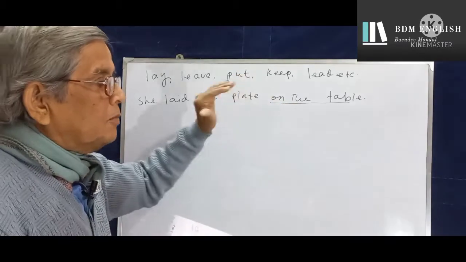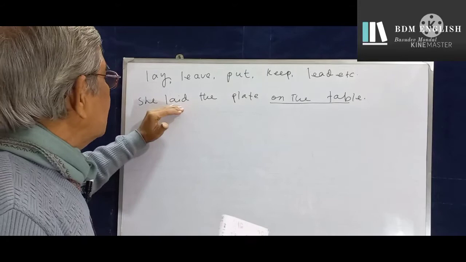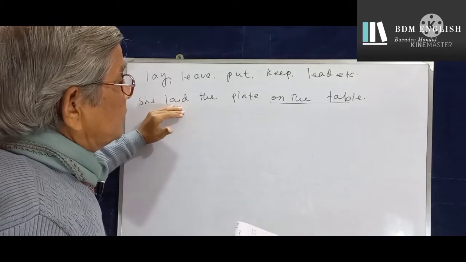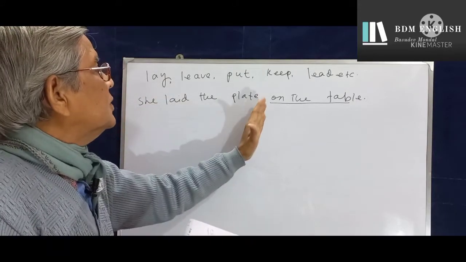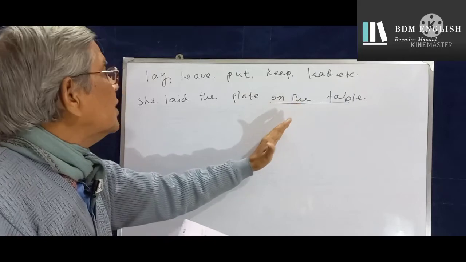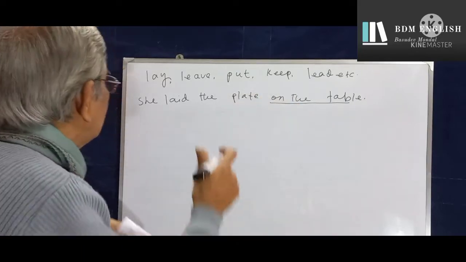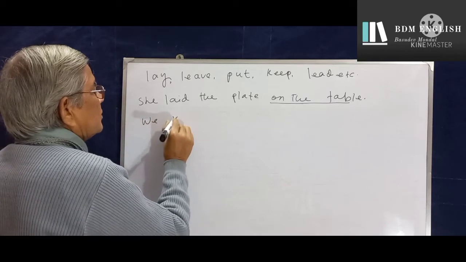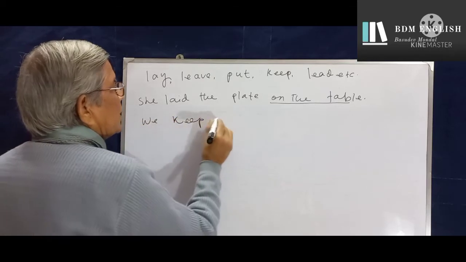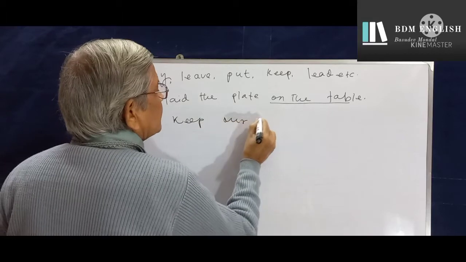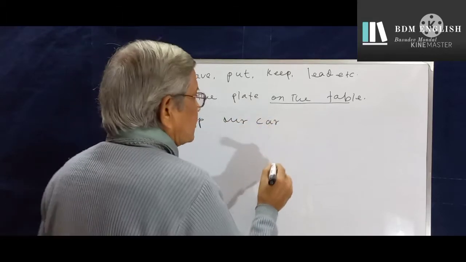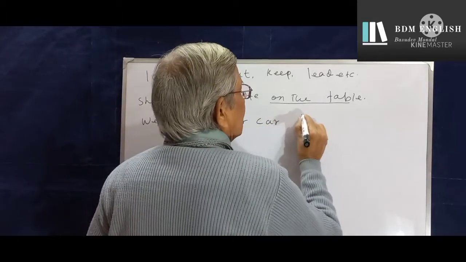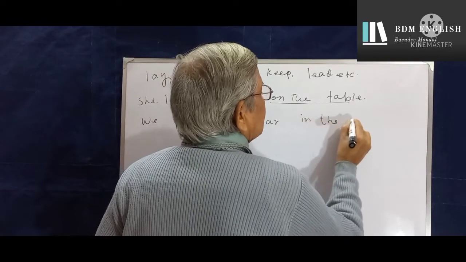They refer to the place of the occurrence of the action of the verb. But yet, without such phrases, we cannot complete the predicate. We keep our car in the garage.